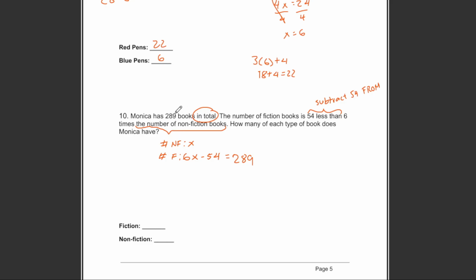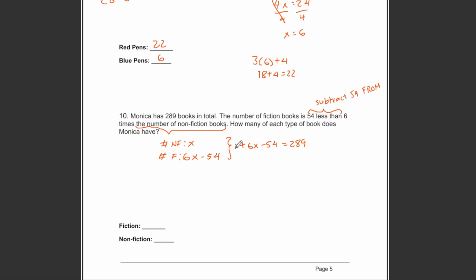It doesn't say she has 289 fiction books. It says she has 289 books in total, which means if I take the number of nonfiction and fiction and put them together, in total, I have 289. So it's x plus 6x minus 54, which is equal to 289.